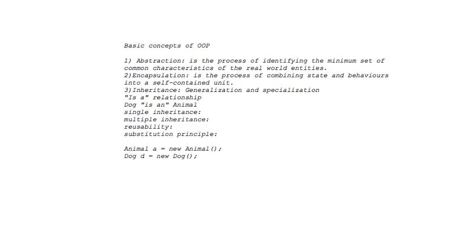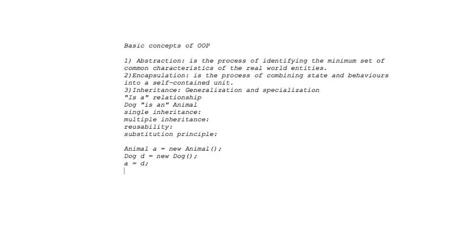According to the substitution principle, we can assign the dog object to the animal object like this. This is called the substitution principle.